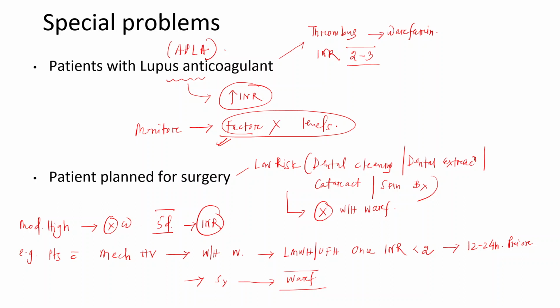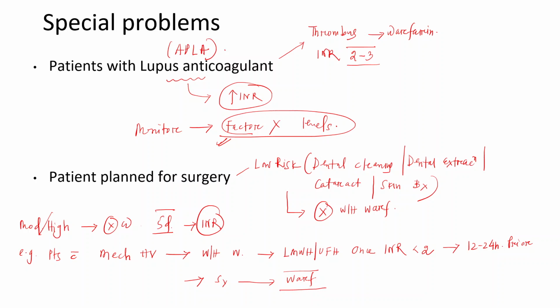So it's very simple. If it's a low risk procedure like simple dental cleaning, simple dental extraction, cataract surgery, or skin biopsy, you need not withhold warfarin. If it is moderate to high risk, we have to withhold warfarin 5 days prior to the procedure, and once the INR is normal, only then can you proceed for surgery.